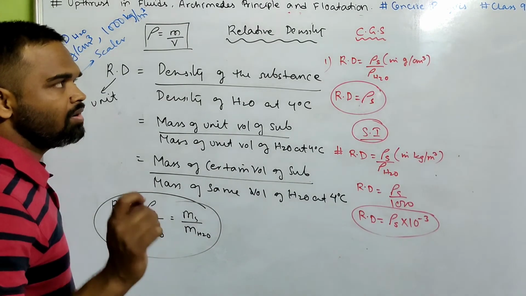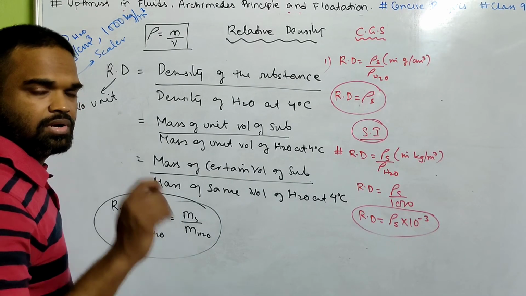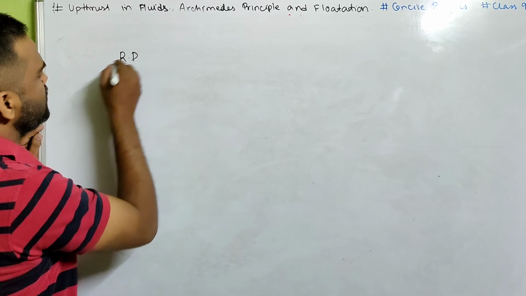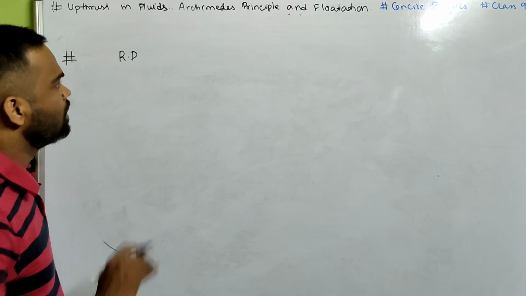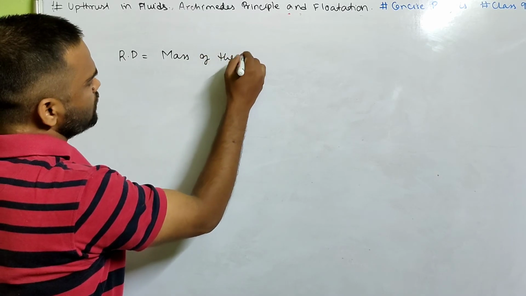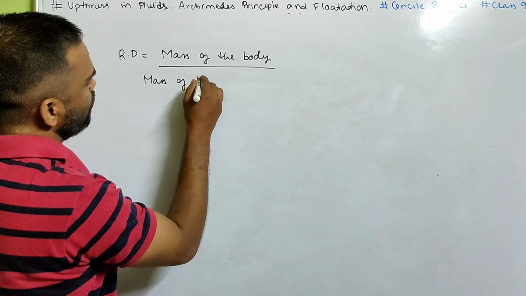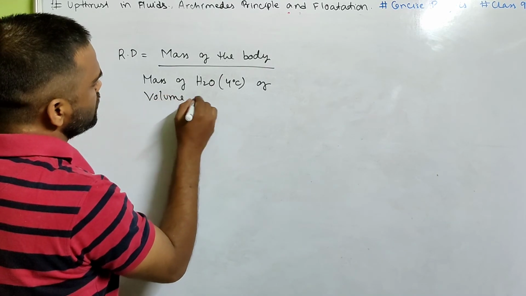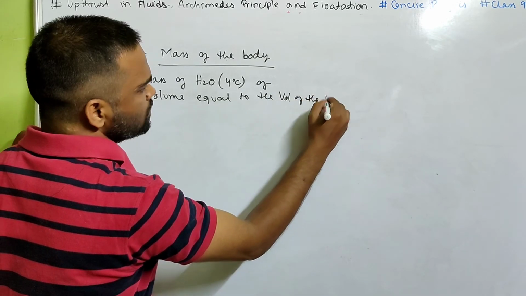Clear? Now let us see how to determine the relative density of a solid substance using Archimedes principle. Now relative density, just now we did, is mass of the body by mass of water at 4 degrees centigrade of volume equal to the volume of the body.